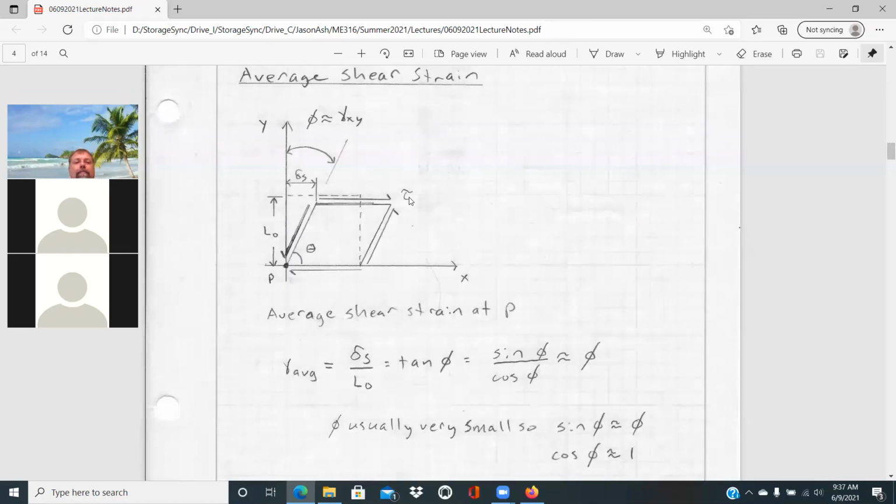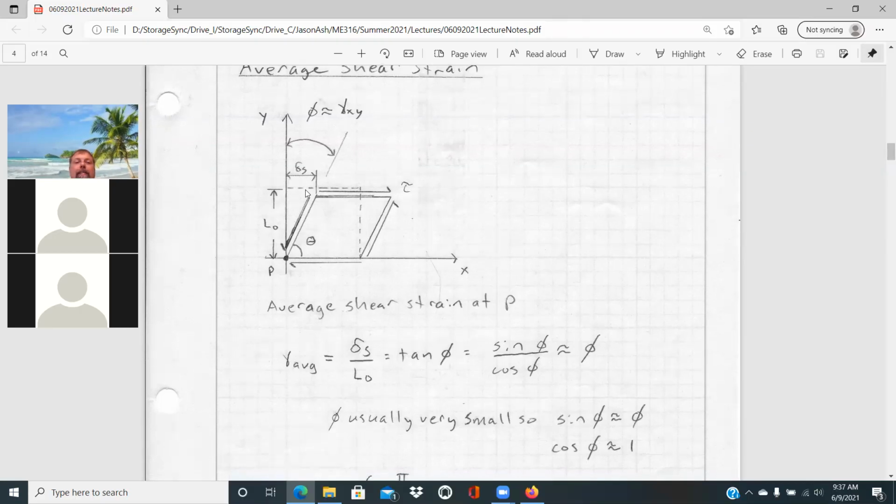And so this is a stress element that we've taken out of an object that's subjected to pure shear, and the shear stress arrows have caused that to deform in that orientation. Whereas the normal strains cause a change in volume, this does not result in a change in volume, it just results in a change in shape.